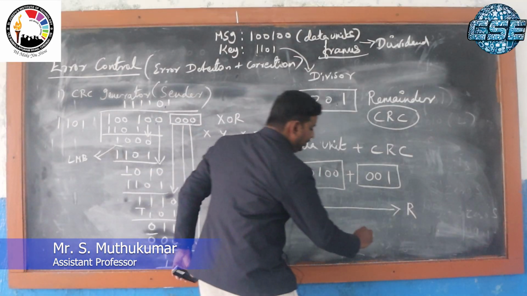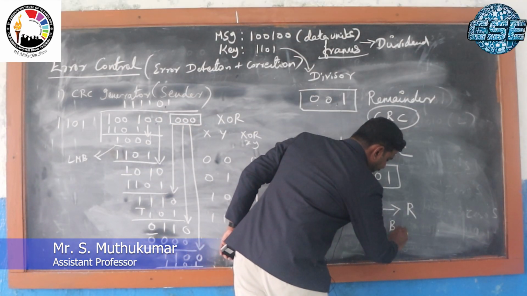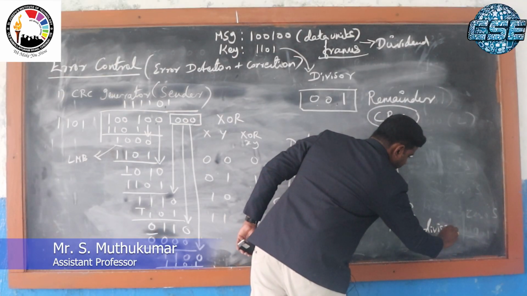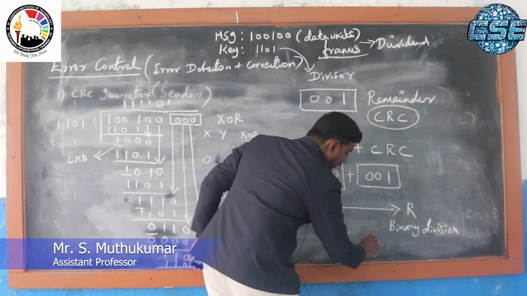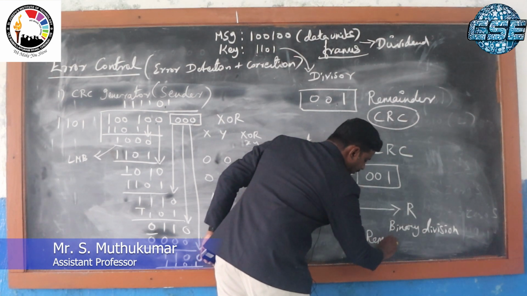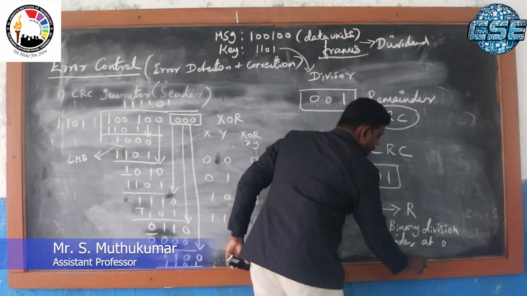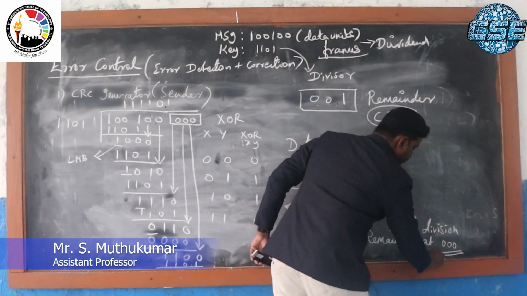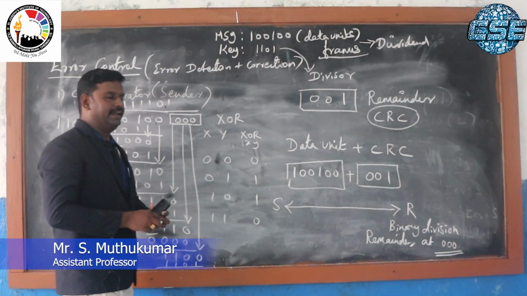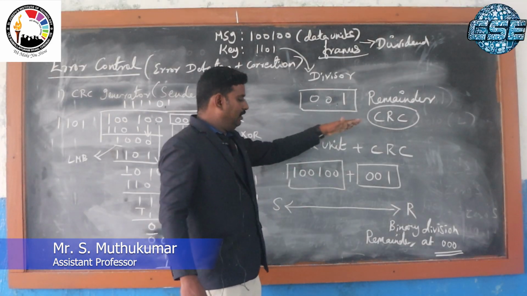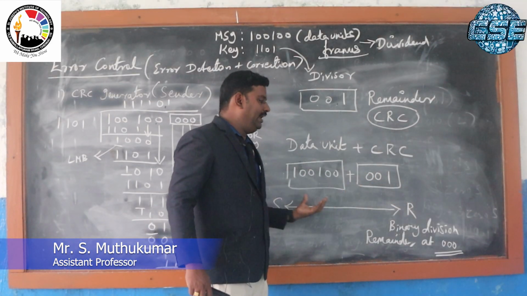So the receiver will again perform the binary division. You have to get the remainder as 0, all zeros. That means if you are getting the remainder as 0, your data will be given to the receiver without any error.